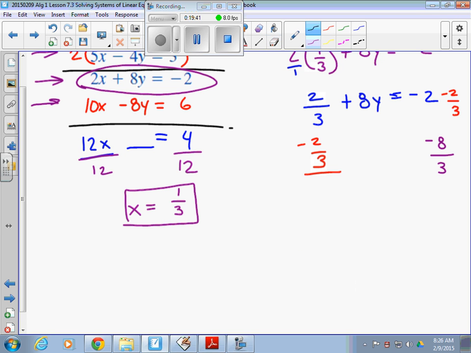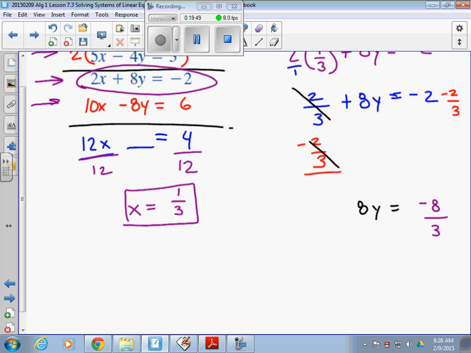The left-hand side eliminates that part. So you have 8y equals negative 8/3. And then in order to get y by itself, you divide by 8. You divide the other side by 8.